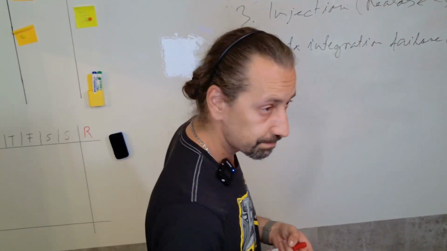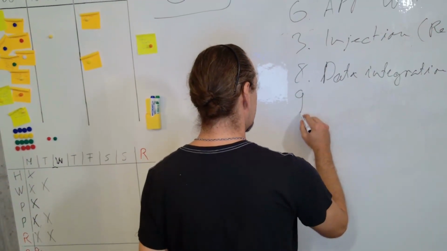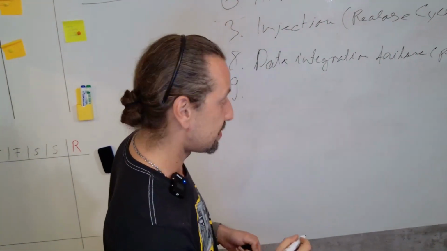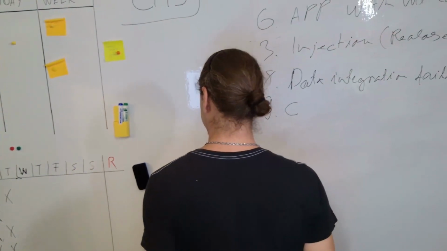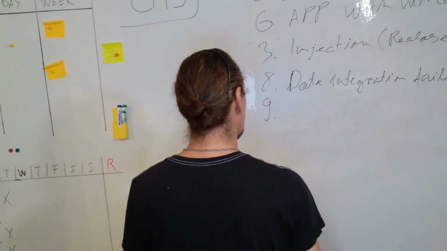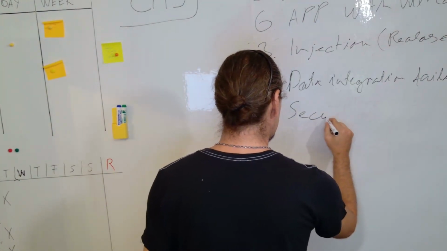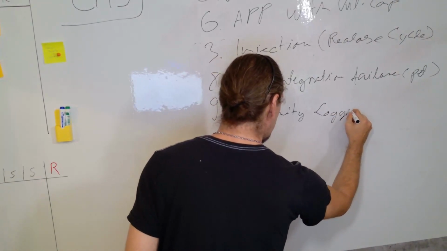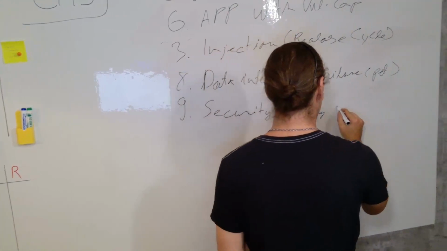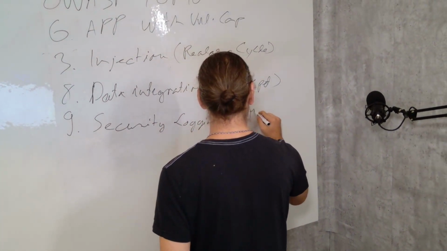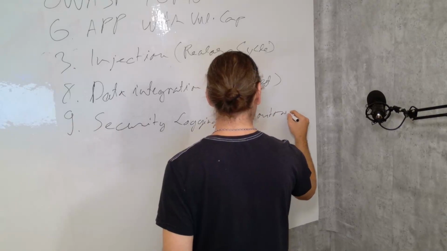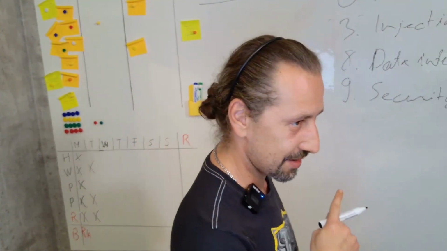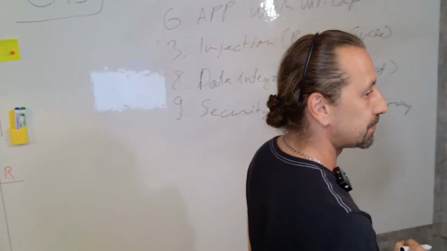But if it fails, then it comes to the OWASP 9th point, which is security logging and monitoring. So this is not a vulnerability. The lack of this activity is the vulnerability.